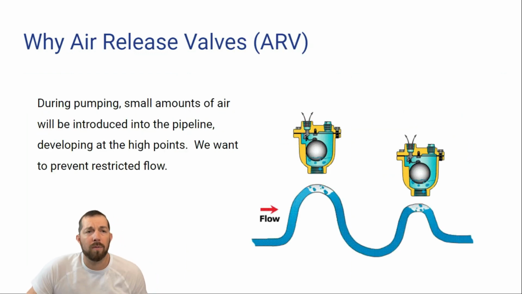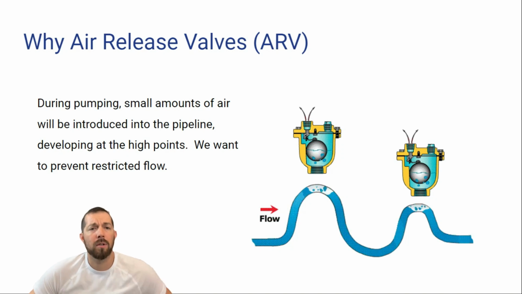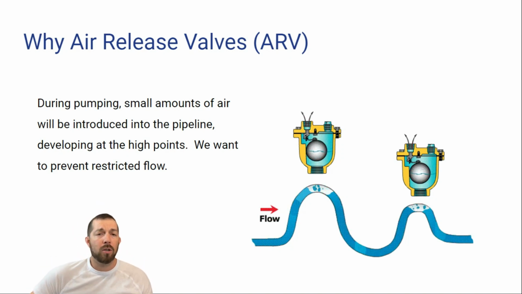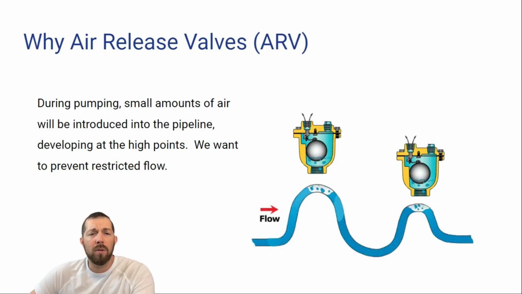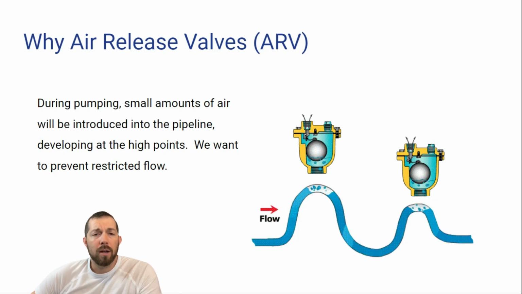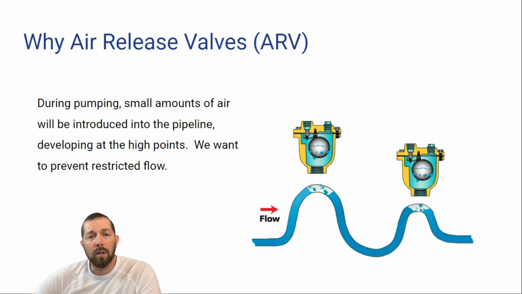So why an air release valve? Mentioned before, basically we have entrapped air that gets introduced naturally into the pipeline. A good rule of thumb, on the water side of things, potable water, is that mechanical equipment is going to put 2% air into the pipeline. So we're going to naturally have air just into the pipeline itself, and it will collect at those high points.